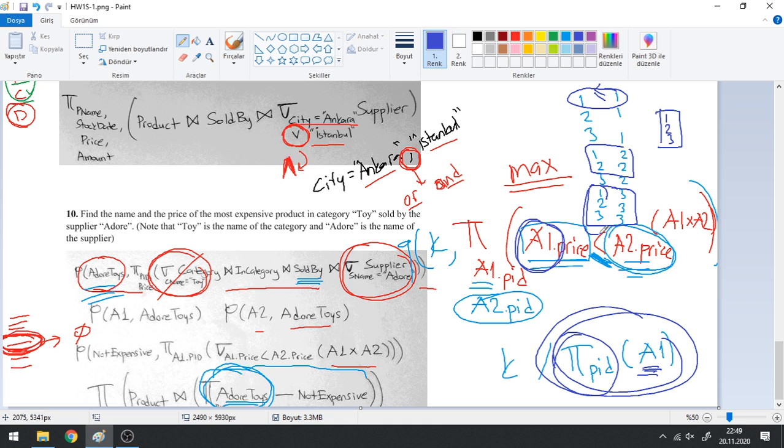So if I on the A1 side have 1, 2, 3 matched with 3, so this is my A1 table. On the left side I have A1, on the right side I have A2, and for each of my entries in A1, on the other side 3 is matching, I will get 3.